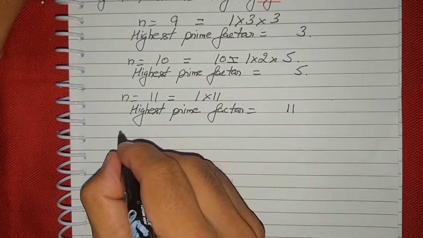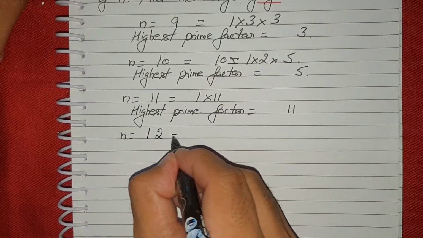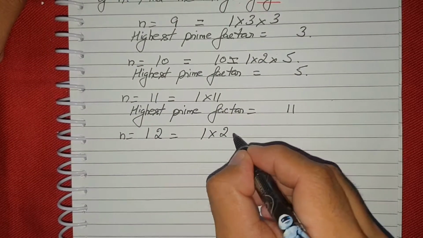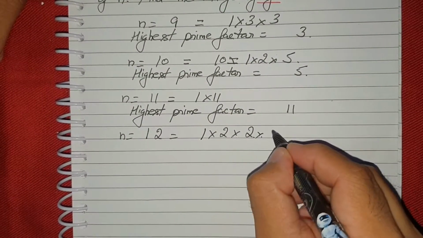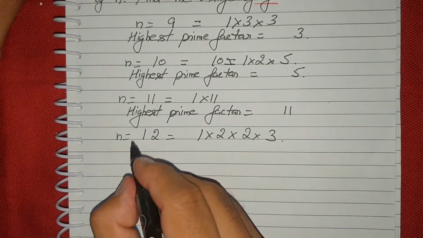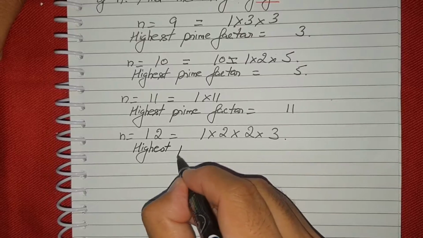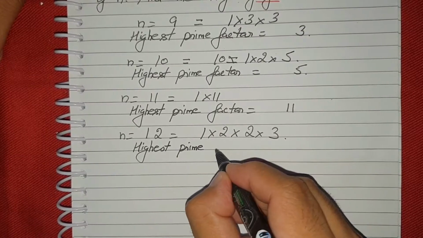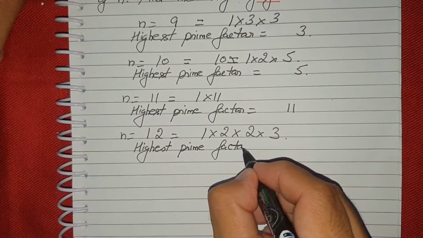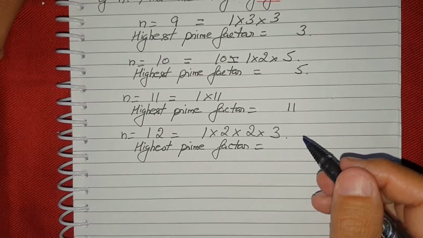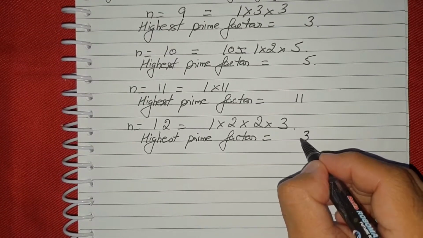For n equals 12, this is 1 into 2 into 2 into 3. So the highest prime factor is 3.